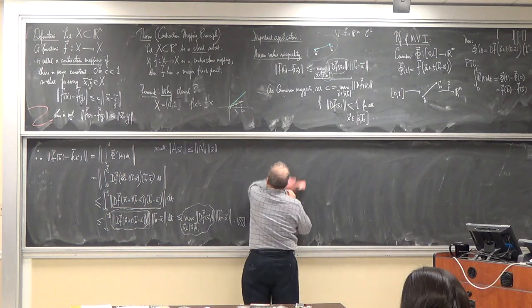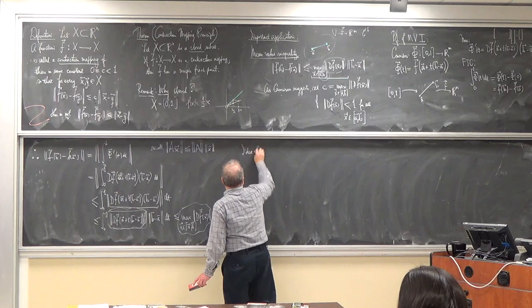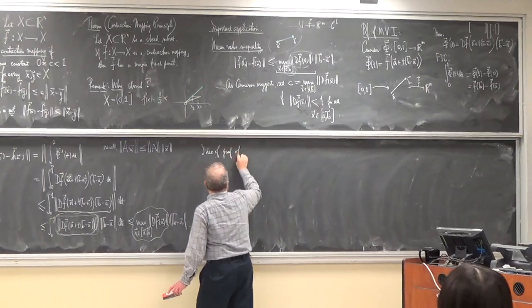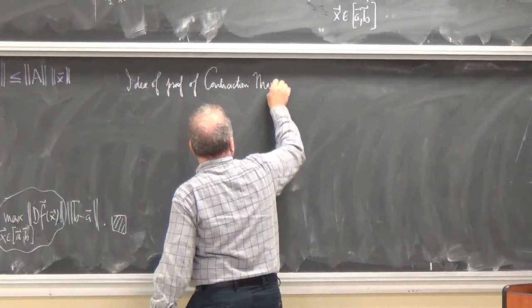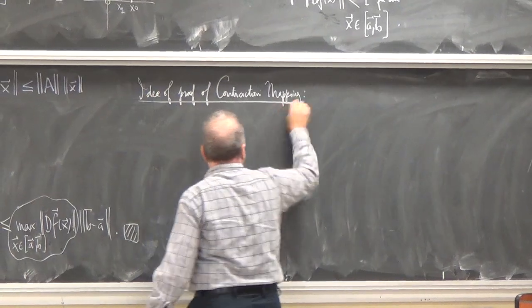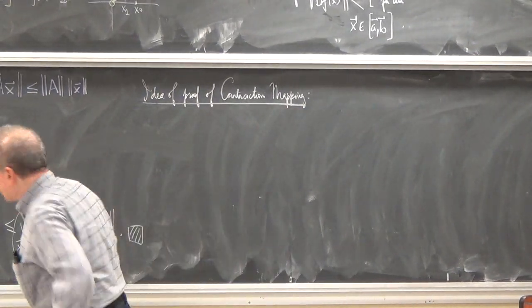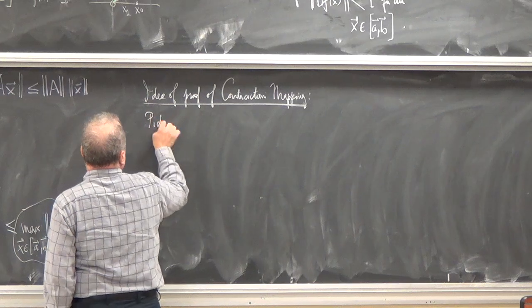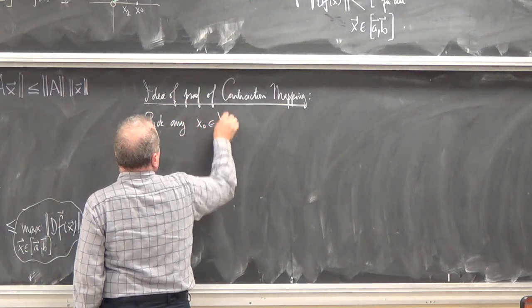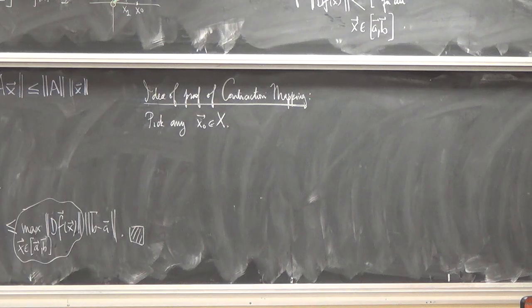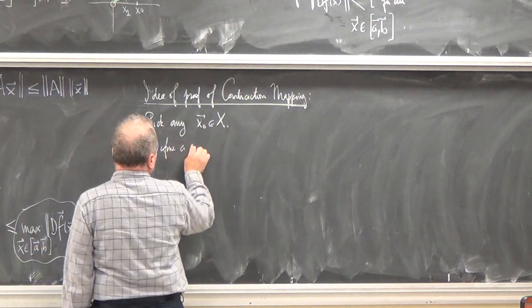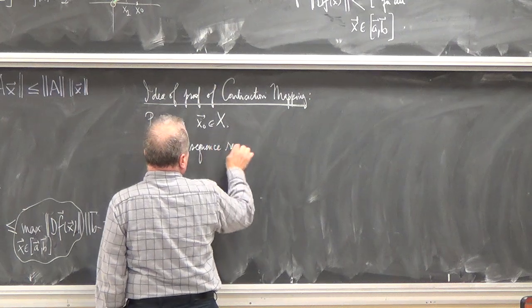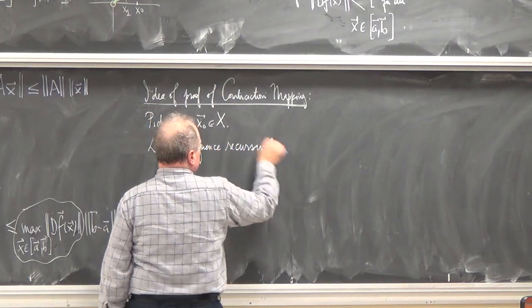So the idea of the proof is pick any x to start, pick any x naught, and do exactly what we were doing at the beginning of class. Iterate the function. Define a sequence recursively. So the computer science people should like that word.